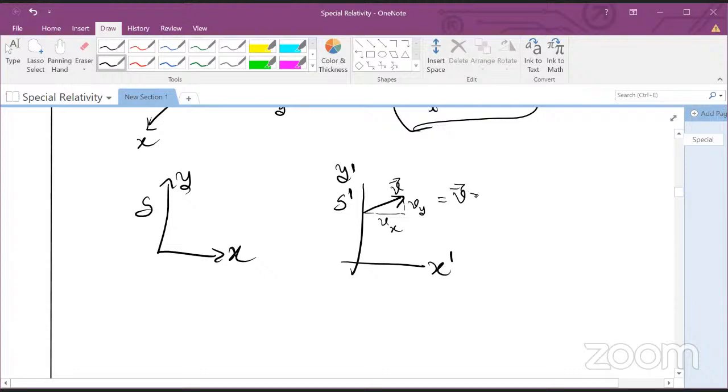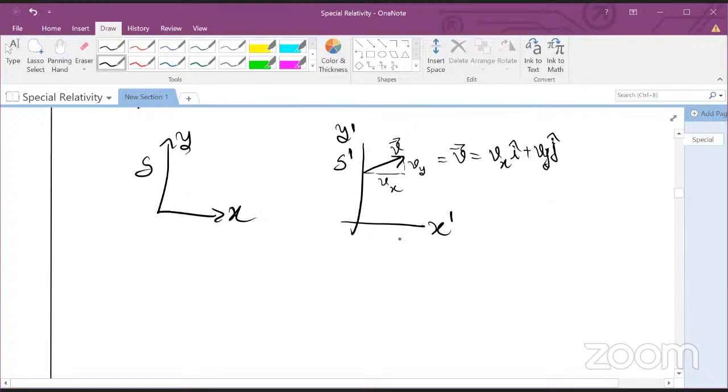So the v vector equals vx i cap plus vy j cap. Now, if we apply the transformation of these coordinates, the transformed S is like this, the transformed S dash is like this, and the velocity is like this.